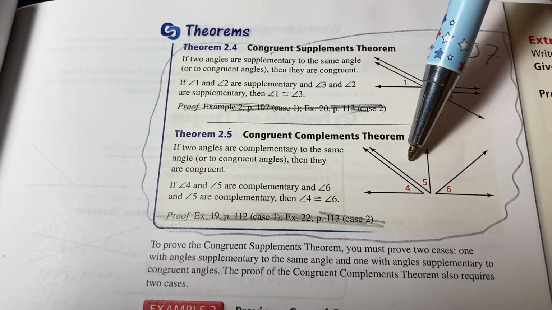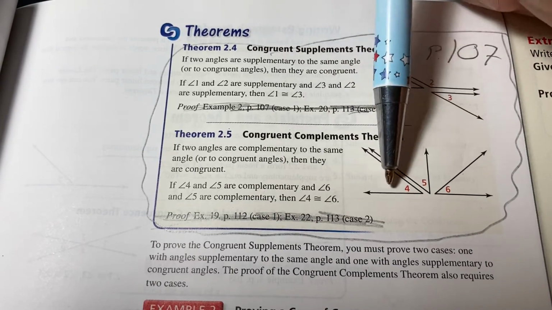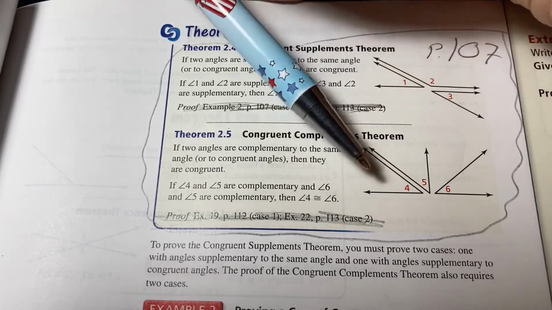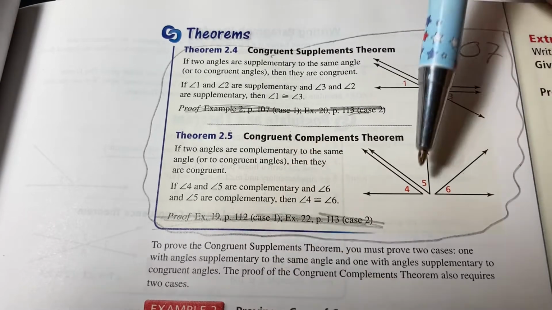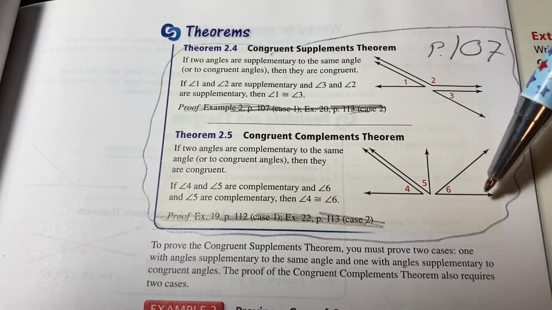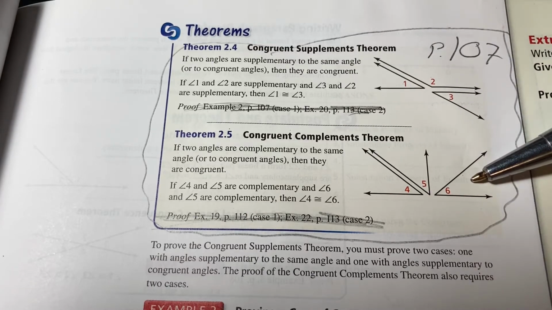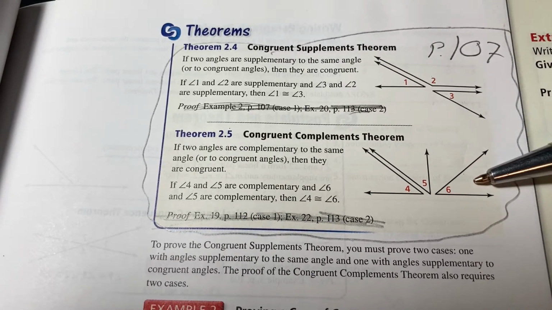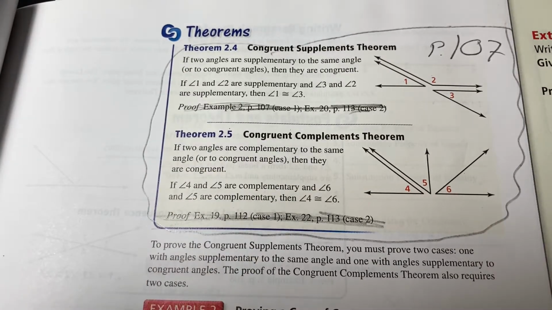Let's say that's 70 degrees. Complementary means two angles whose sum is 90, and 70 plus 20 is 90. Therefore, this angle and this angle are congruent.